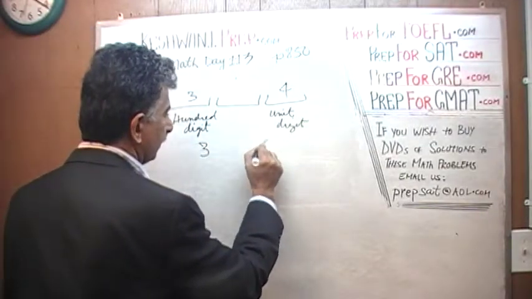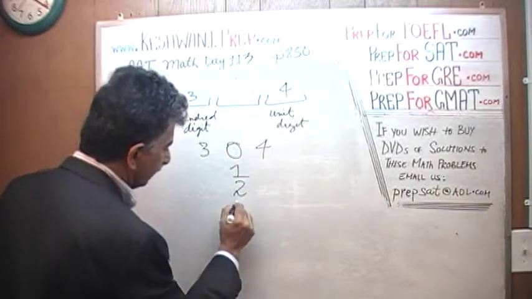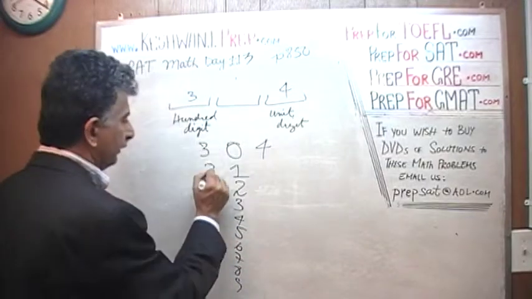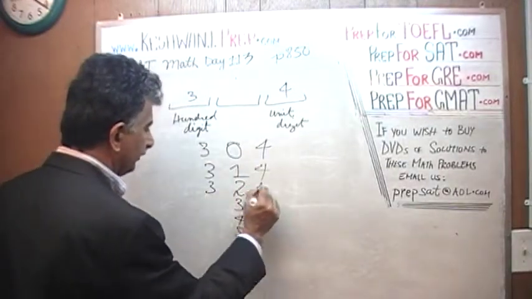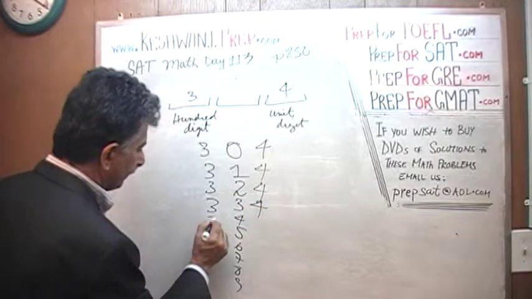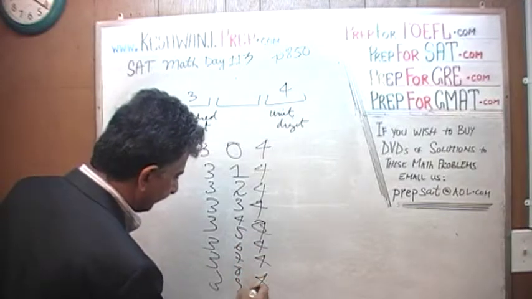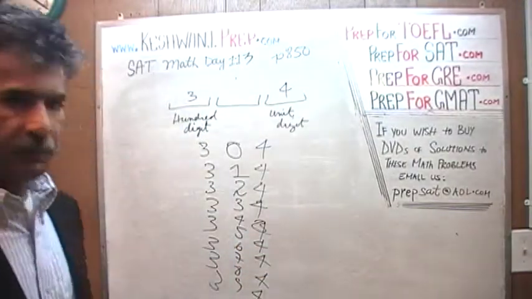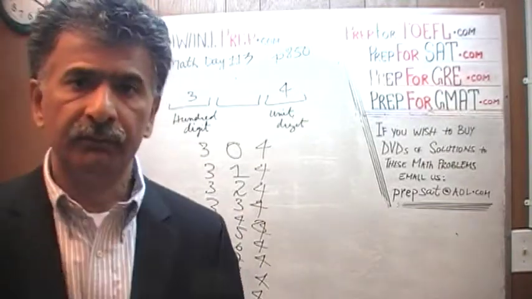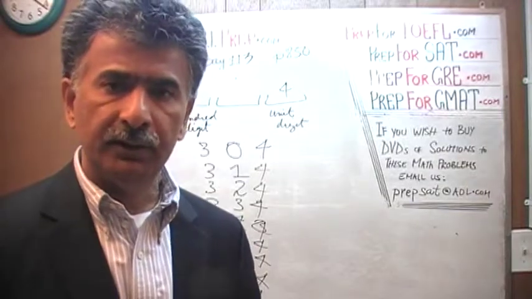You start counting with all the 3-digit numbers where 3 appears in the 100 digit place and 4 appears in the unit digit. You will have 304, 314, 324, 334, 344, 354, 364, 374, 384, and 394.